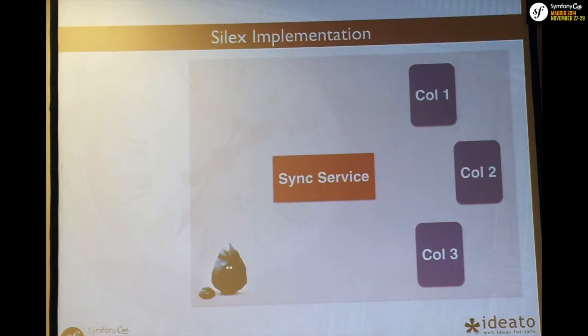So when a request arrives, it is wrapped in an object which is passed to the synchronization service. The synchronization service uses a repository to understand what collections are involved for the particular request and to get the data from the collection.